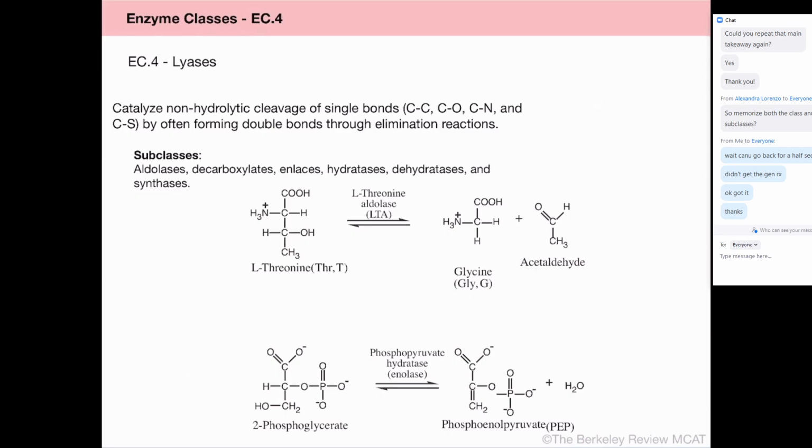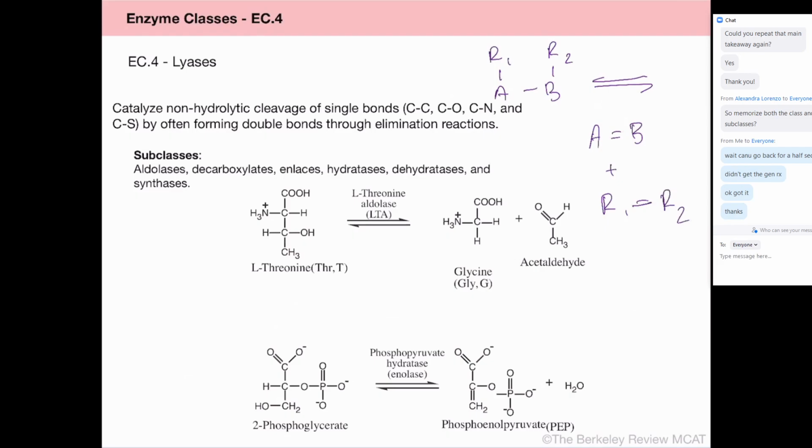And I guess I could give you the general reaction for this. If you have a functional group attached to A, attached to B, attached to a functional group, and then you have your enzyme, you then get A having a double bond to B plus the two functional groups bonded.